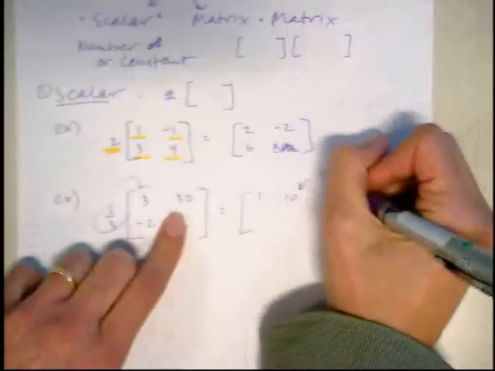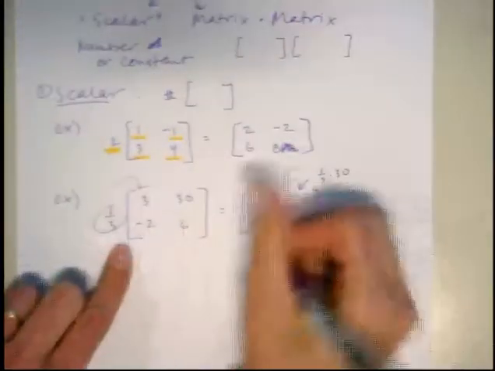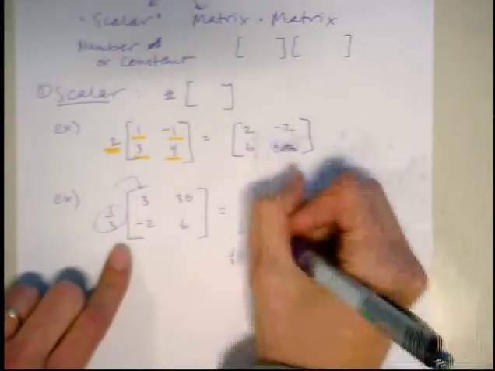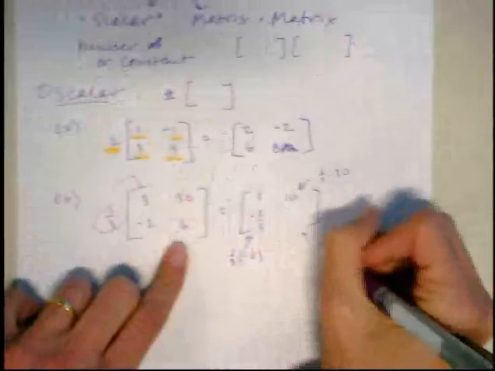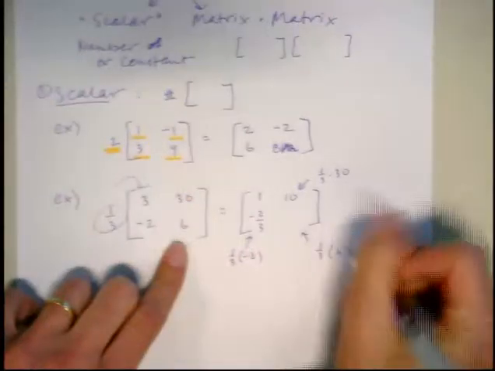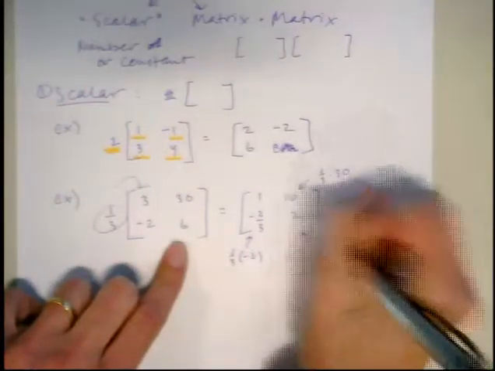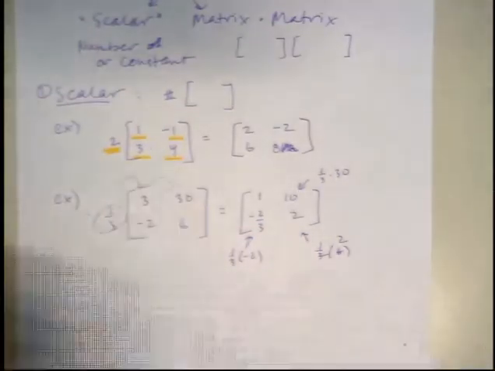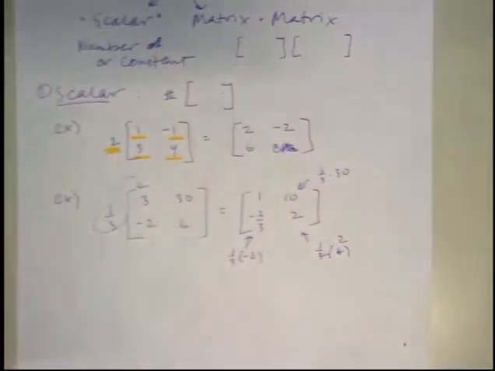So I'll write out what I'm doing here. 1/3 times 30 gives me the 10. 1/3 times the -2, just leaving that as a fraction, is -2/3. And then in my last entry, I've got 1/3 times 6. And if I reduce, I end up with a 2. So that is scalar multiplication.